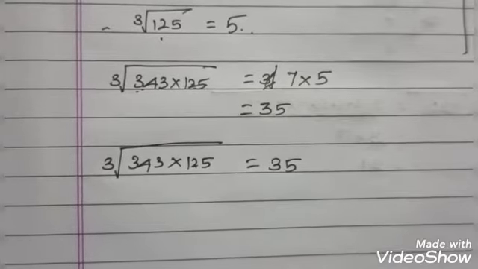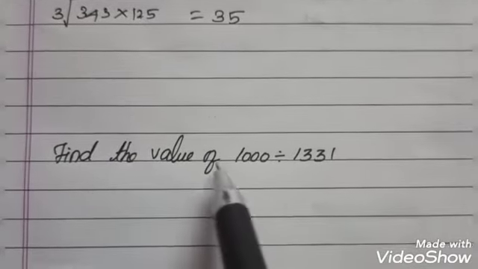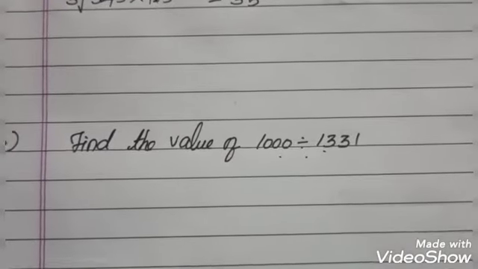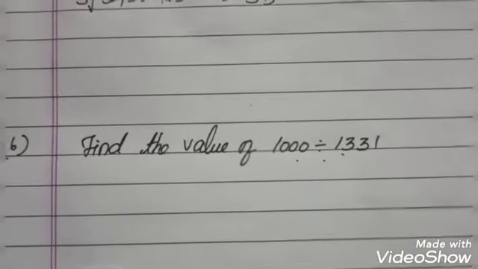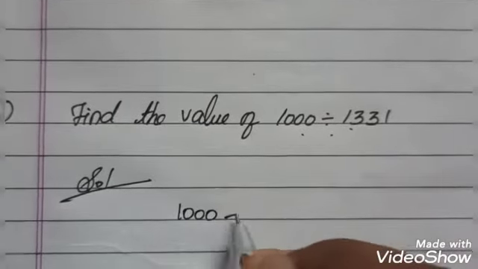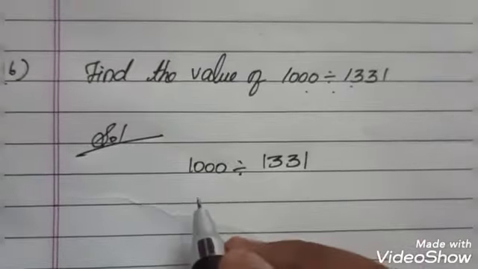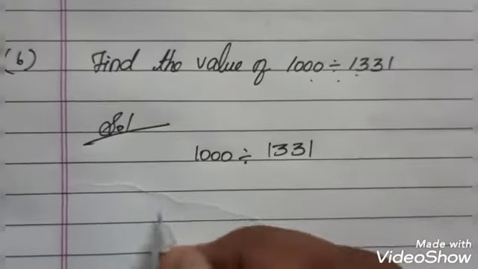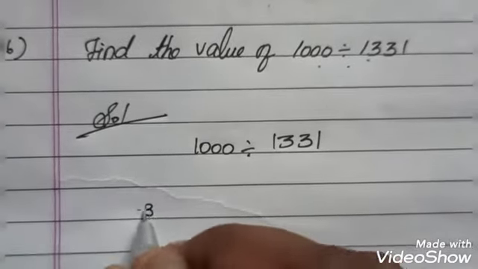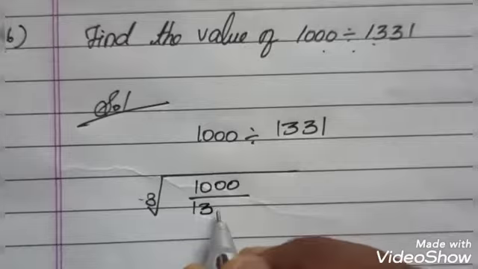So next we move on to example number 6. Example 6, find the value of the cube root of 1000 divided by 1331.